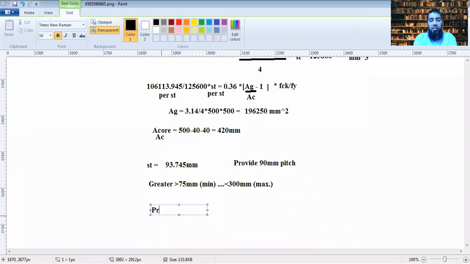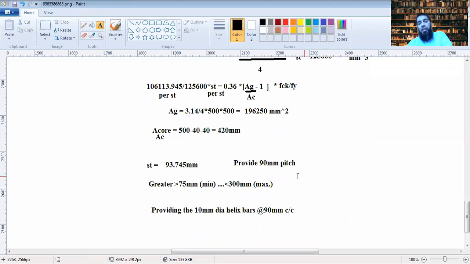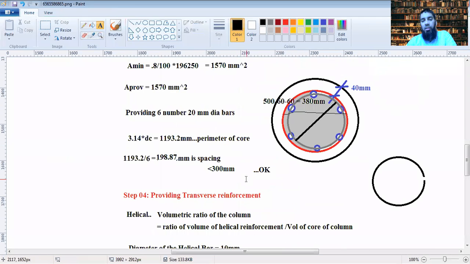So we are providing the 10 mm dia bars at the rate of 90 mm center to center pitch length. This is a helical bar. You can mention here helix bar at 90 mm. So this red one is what you have now provided.